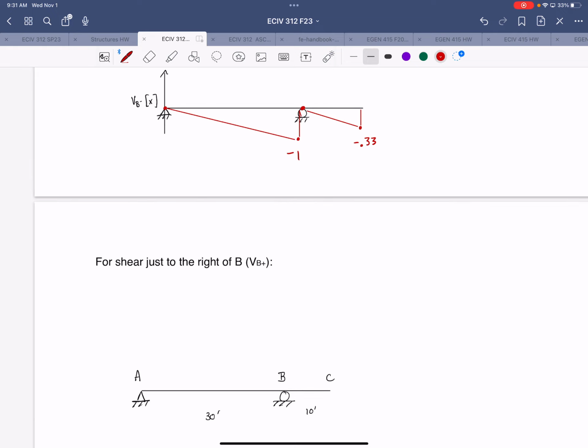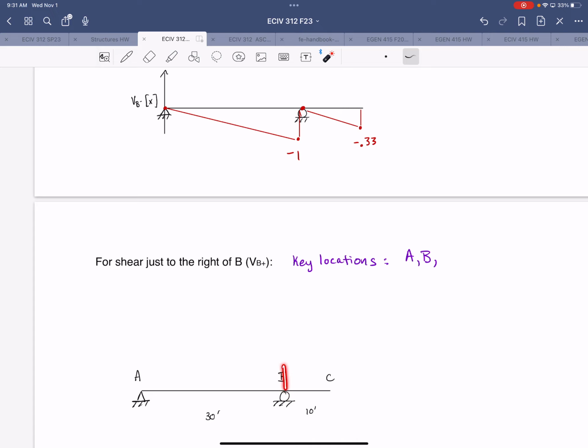So let's continue with this example and look at what we would have if we change the location of interest, all right? If you change the location of interest, you have to draw a completely new influence line. So now we're moving that to immediately after the support at B. So now our key locations, we're still going to have the supports, A and B, because now we're cutting the beam immediately after the support.